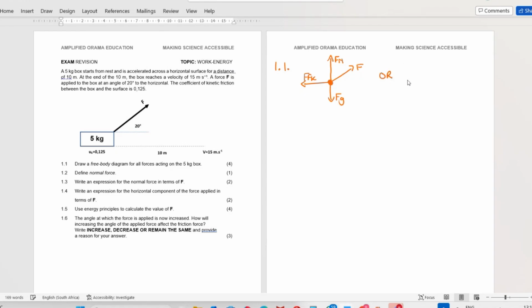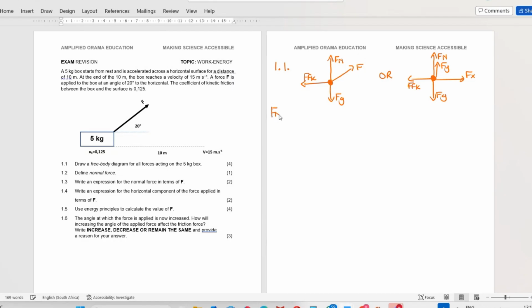And I always prefer drawing the components of the force applied in my free body. So I'm going to draw another free body on the right-hand side with my normal force there and Fy there, Fx there, Fg there, and the kinetic friction Ffk. Now we could label those forces.